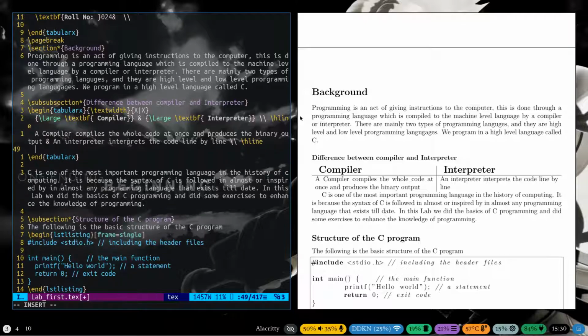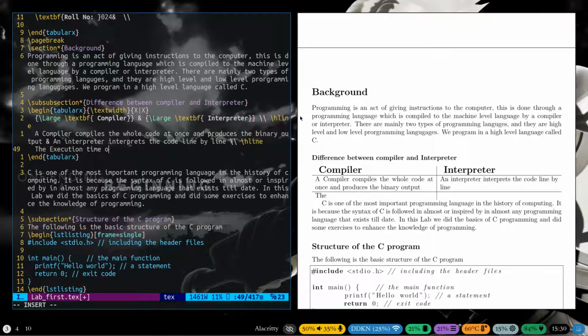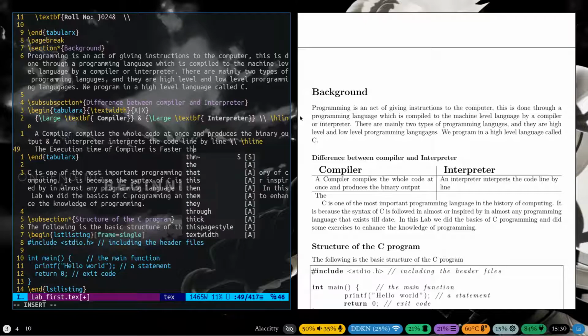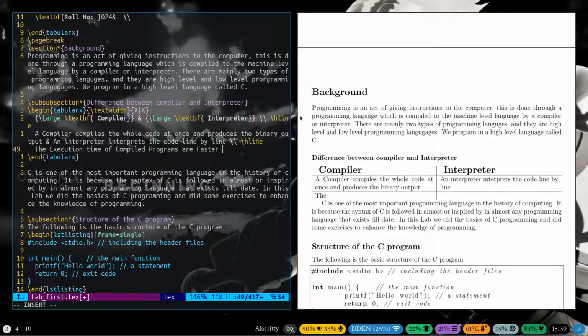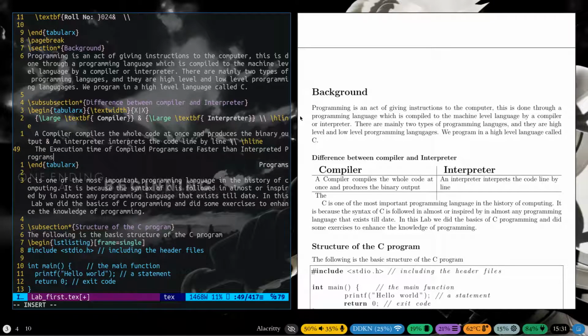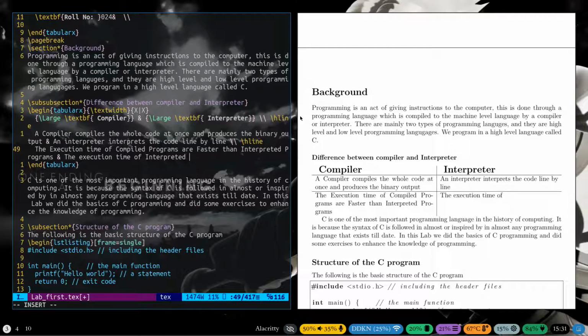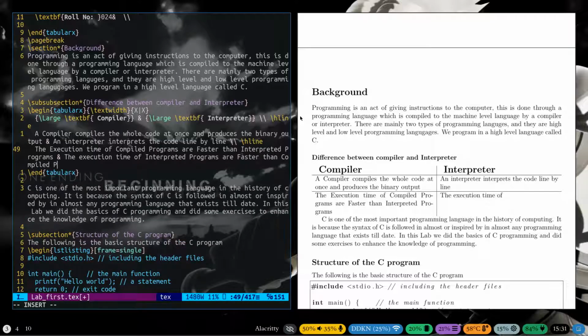And what is the other difference? The execution time of compiled programs is faster than interpreted programs.